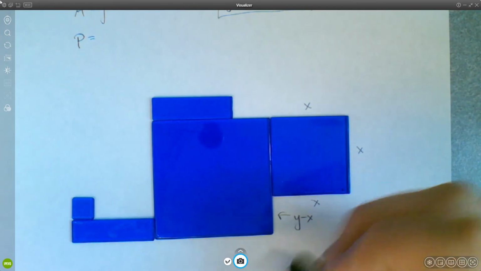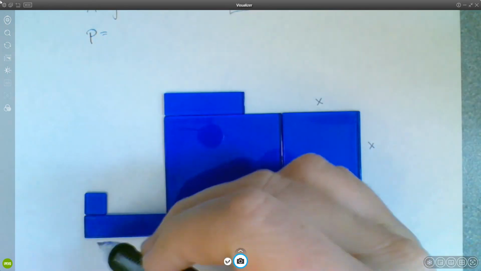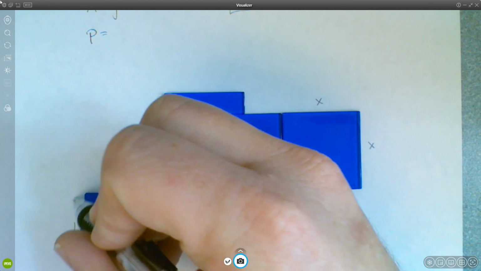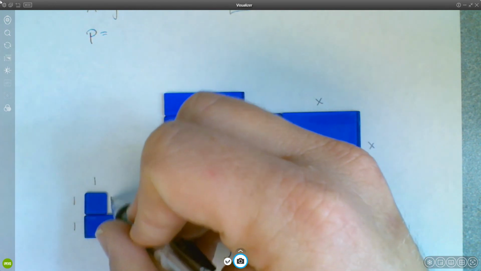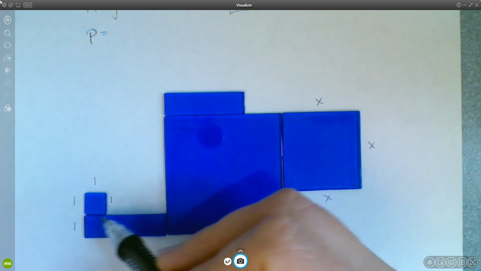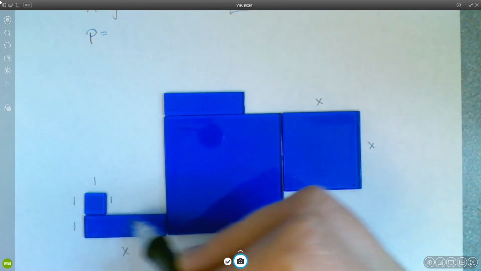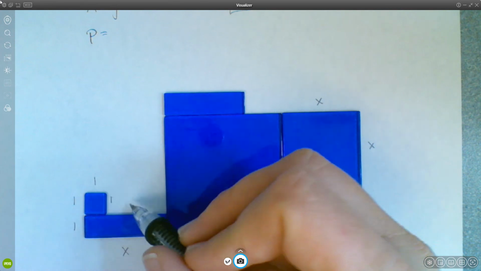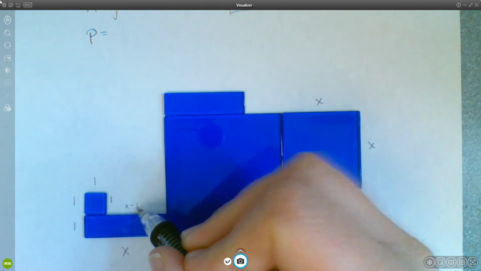Then from here to here we've got y. From here to here we've got x. From here to here it's a 1, and then a 1, and then a 1, and then a 1. This part right here is going to be x minus 1, right? So x minus 1.